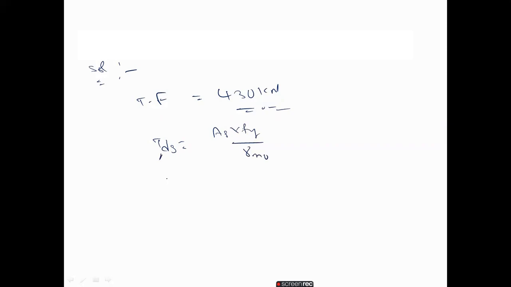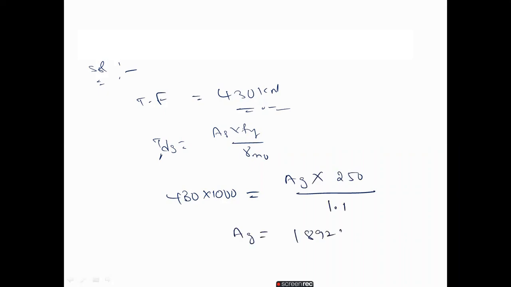Tdg is 430 into 1000, Ag is the unknown, fy is 250, and γm0 is 1.1. So the cross-sectional area we get is 1892 mm².